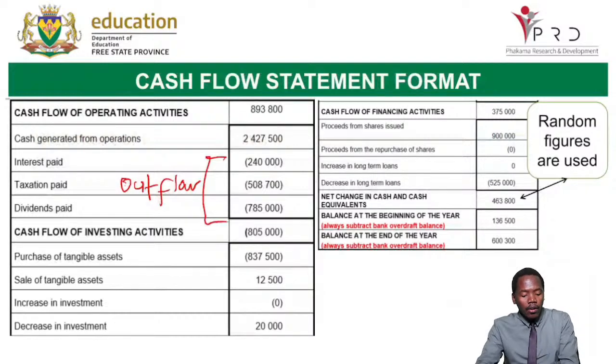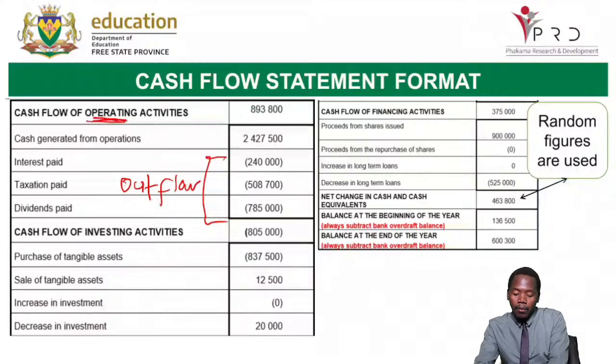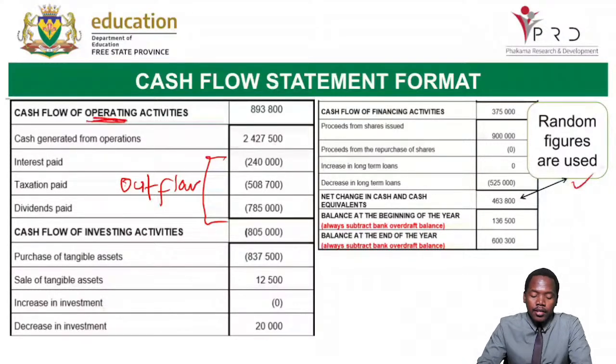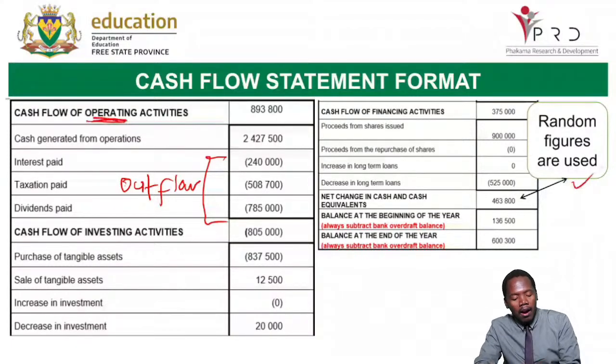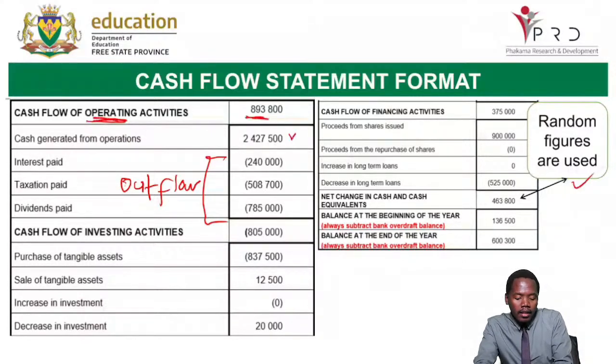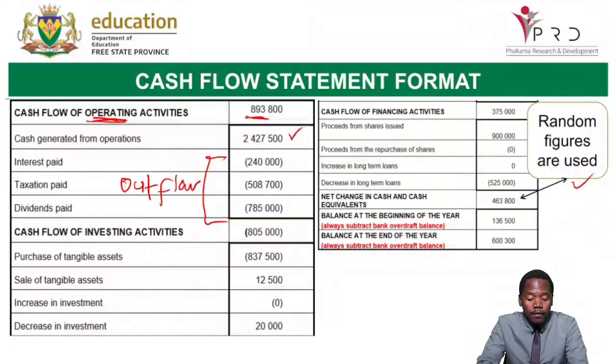Right, so all of these items are under the operating activities. Where did we get the figures? We just use random figures. We just estimated figures for us to be practical about this format. Now, how did we arrive at the 893,800? We have taken the 2,427,500.